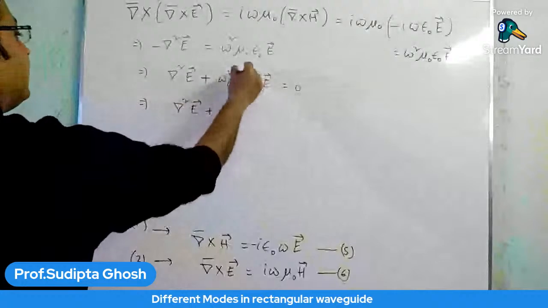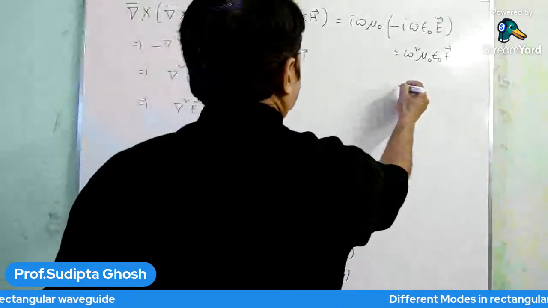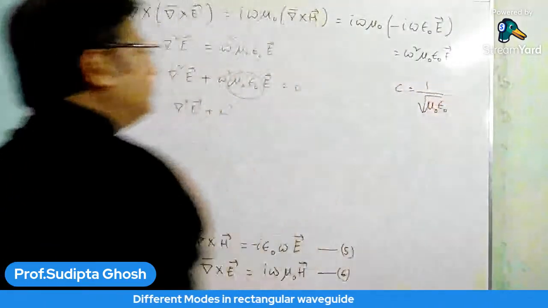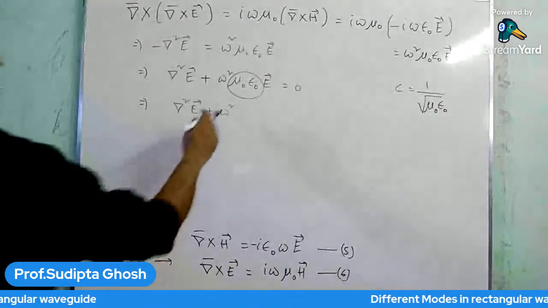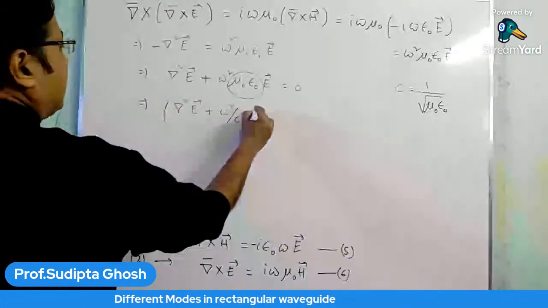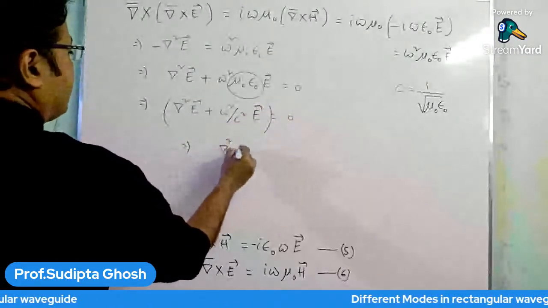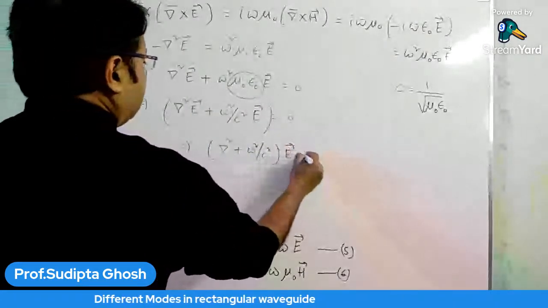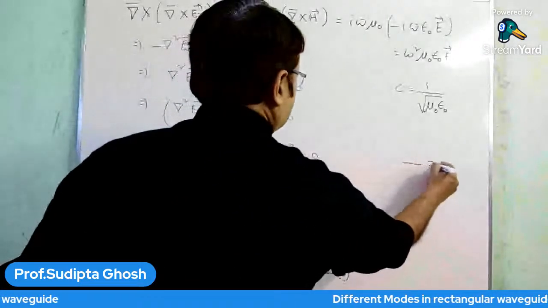As we know, C equals 1 by root over mu 0 epsilon 0, so mu 0 epsilon 0 is exactly 1 by C square. So it will be omega square by C square capital E equals 0, or we can write delta square plus omega square by C square into capital E equals 0. Let it be equation number 7.